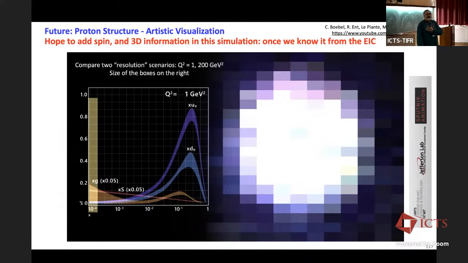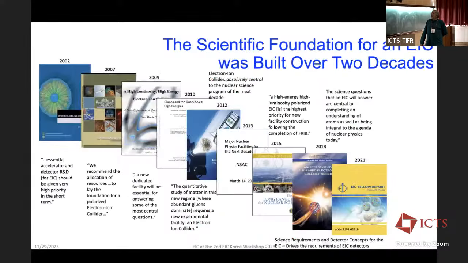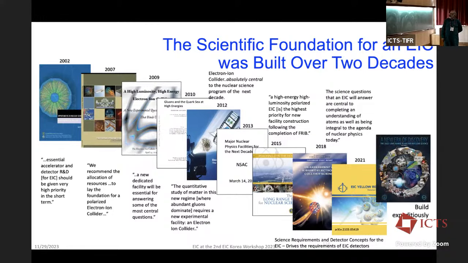It took a long time. We started thinking about a collider in 2002, and now we are building it. It will get built in about 10 years. We're building the detector now. The data will come around 2032 or so.